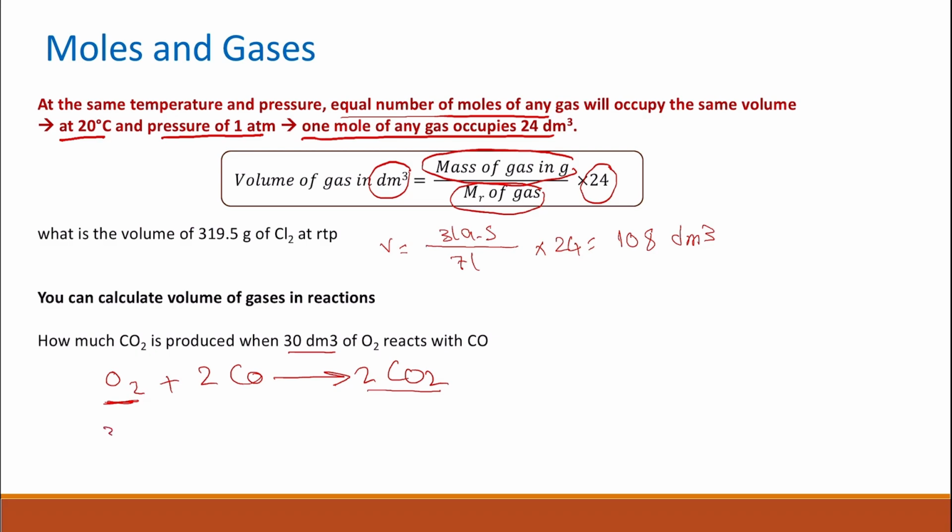So 30 decimeter cubed of oxygen will give you double that volume for carbon dioxide, so 60 decimeter cubed of carbon dioxide. This is because we can actually measure the volume of gases, but we cannot measure the mass of the gas.